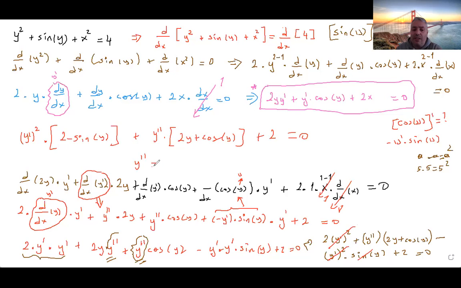Y double prime is equal to negative y prime square times 2 minus sine of y divided by, but before this, what you have positive 2. So 2 minus this 2, negative 2 actually. This positive 2 goes to the other side, negative 2. And then this directly goes and then divided by this coefficient, which is 2y plus cosine of y. So we express the y double prime alone. This is the final result.